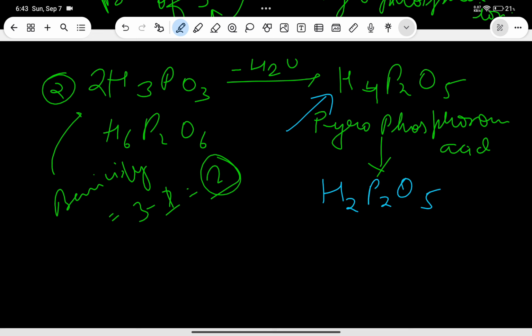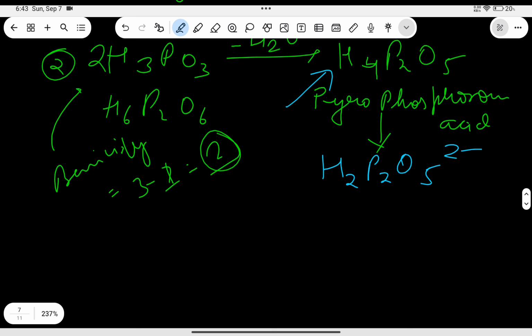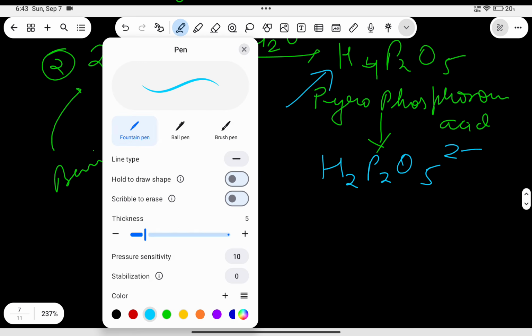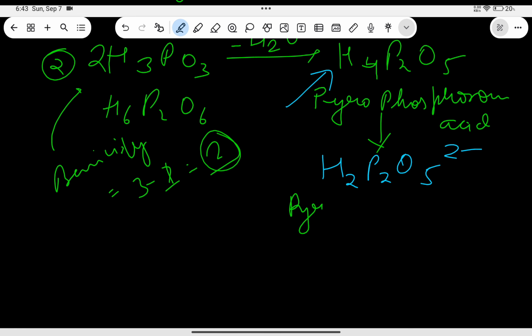Because 2 hydrogens are removed, that means total positive charge is 2 plus, so it will be 2 minus. This will be the actual pyrophosphite ion.